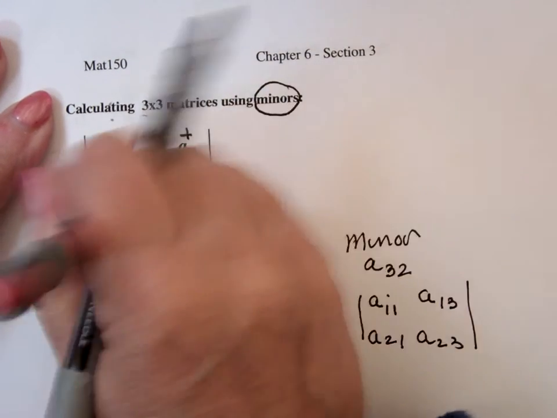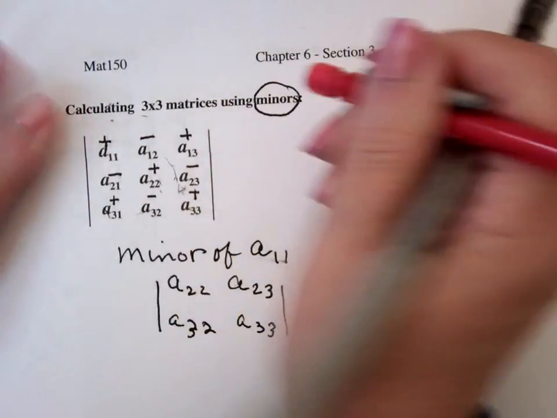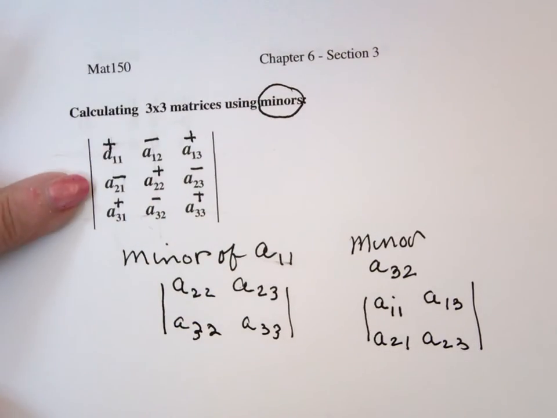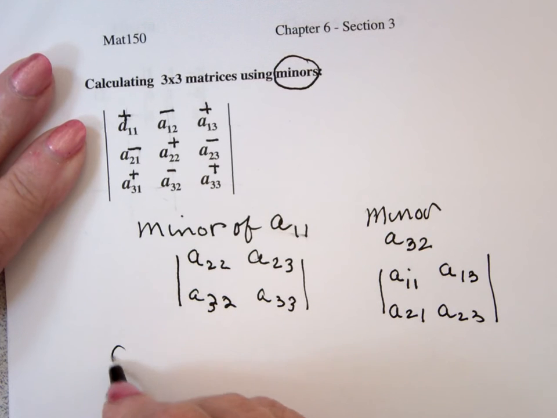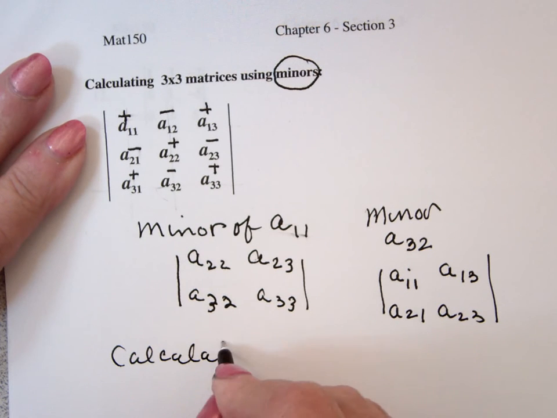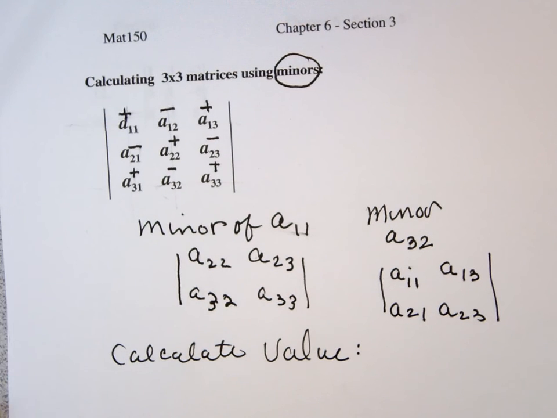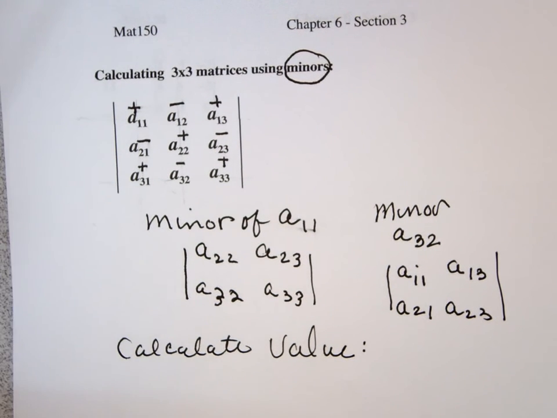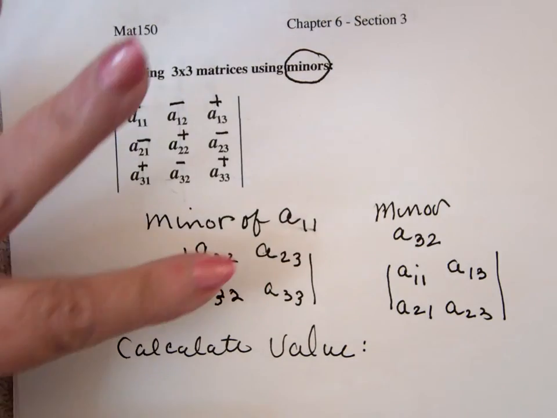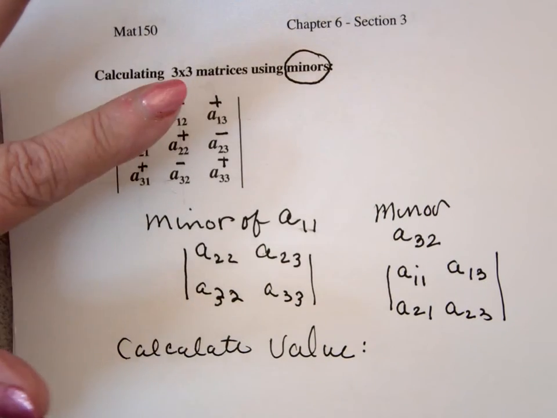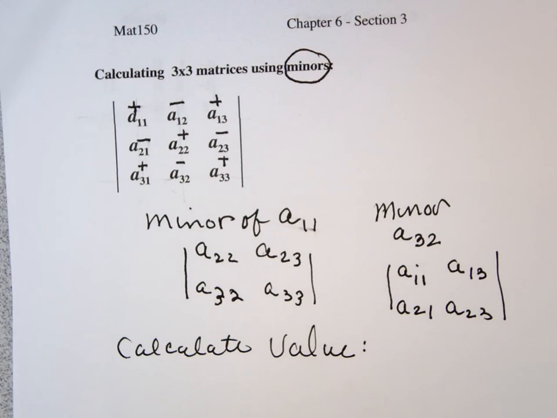So if I wanted to calculate the value of this determinant, and by the way, if you were writing a computer program that did this, this is how you would do it. You essentially would set up something in general and then figure out a way of picking out all of those elements and putting them into an arithmetic calculation form.